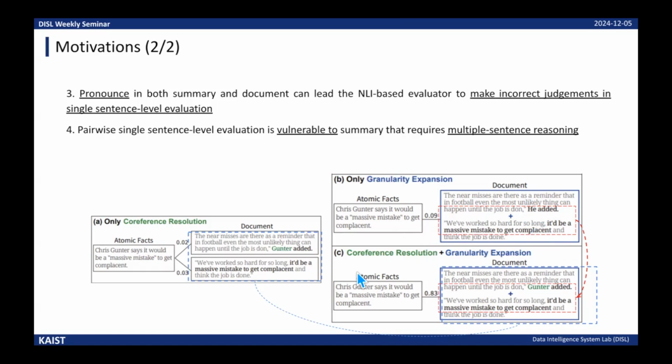As shown in C, if we replace the pronoun "he" with Gunter before evaluation, we can properly assess the factual relationship and achieve a higher score.